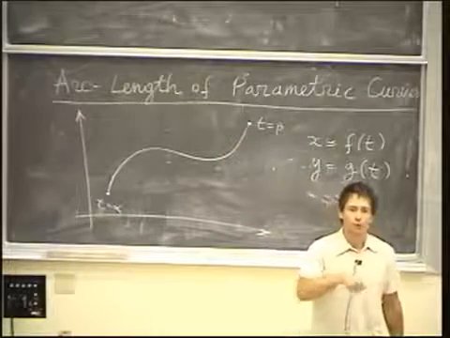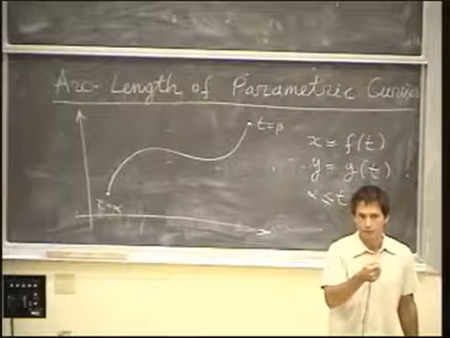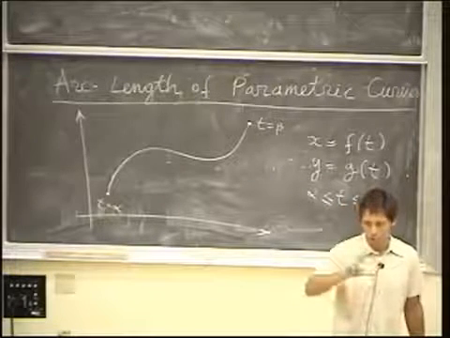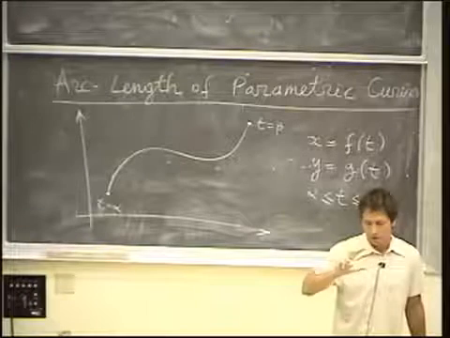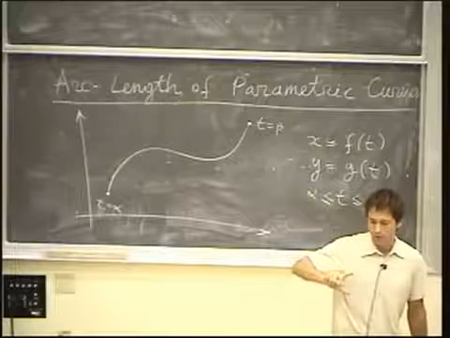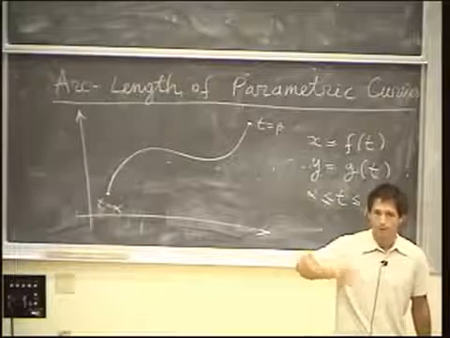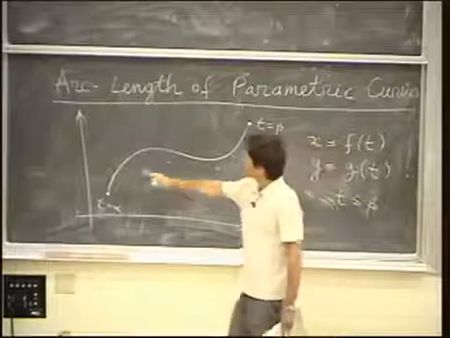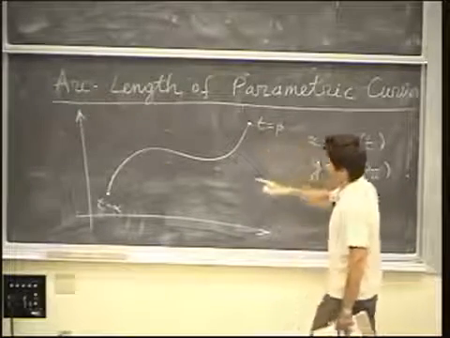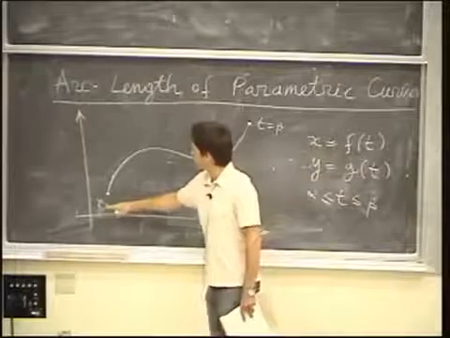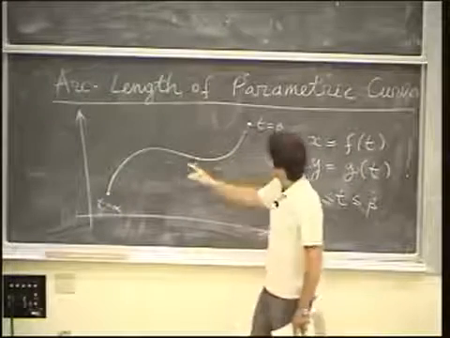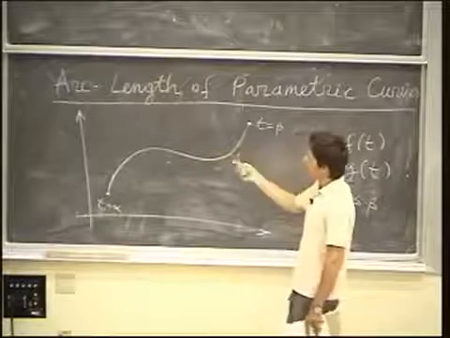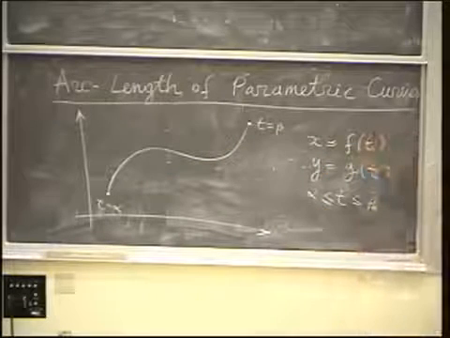The lower limit is larger than the upper limit. But it's no problem. You know that if you have such an integral, it's just minus the integral in which the limits are switched, reversed. So there is this subtle point when you do areas. When you do arc length, there is no such subtlety. It actually doesn't matter. You could put here t equal beta or t equal alpha. Either way, you're going to get a good formula for it.